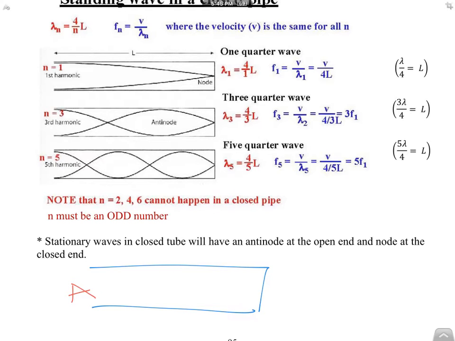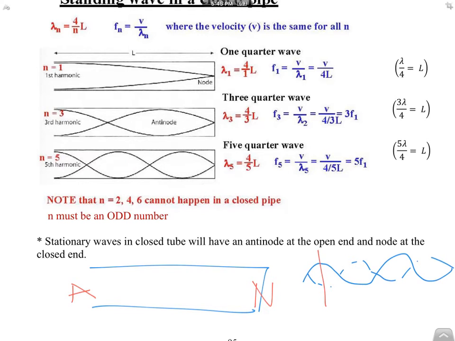But on the other side, because the air molecules cannot move as it hits the wall, it will be a node. So no matter what happens, this has to be an antinode, this has to be a node. And the general shape of a stationary wave, remember I showed you, is something like this. So you must always start with an antinode and you must end with a node.